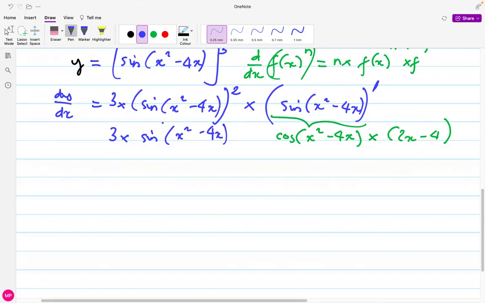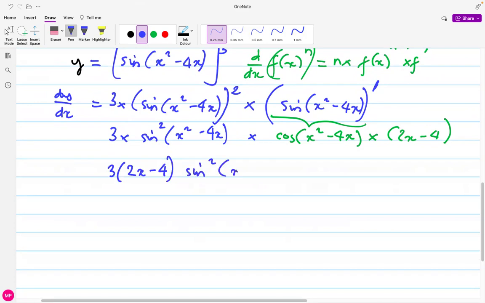The square here, you can put in the middle, it looks nicer. And there you go, you pretty much have the final answer. The 3 is a coefficient, and you can put it together with 2x minus 4, and then the circular functions you can write at the back. So you have 3 times 2x minus 4 times sin square of x squared minus 4x, times cos of x squared minus 4x. There you go, that's the derivative.